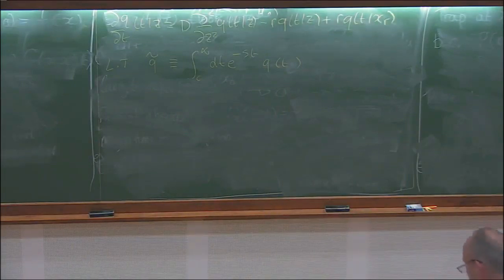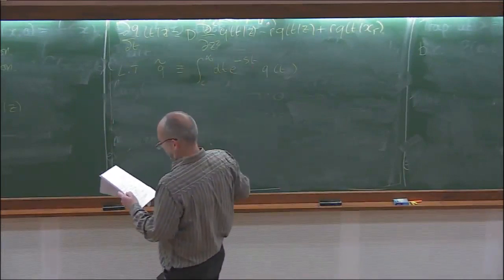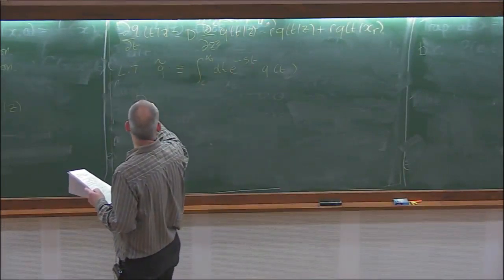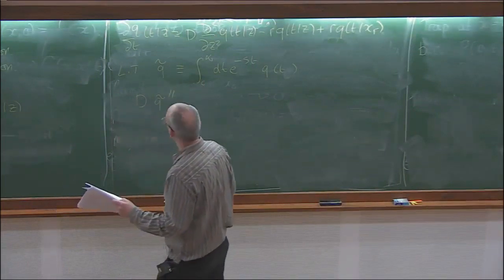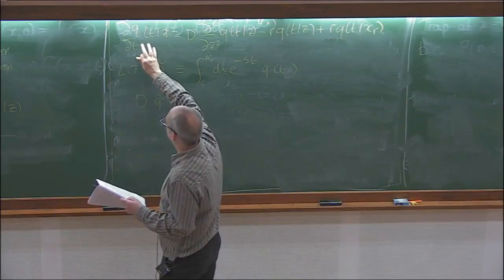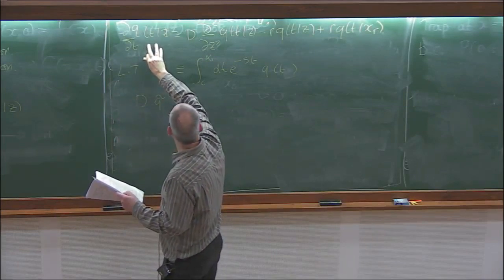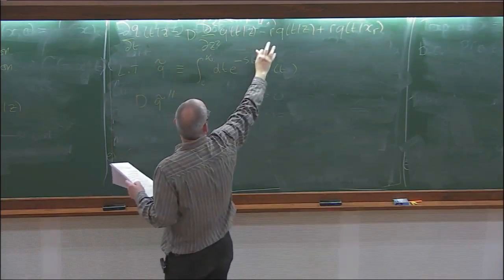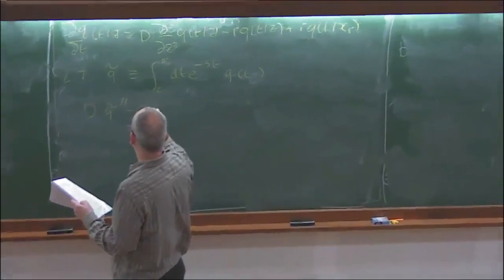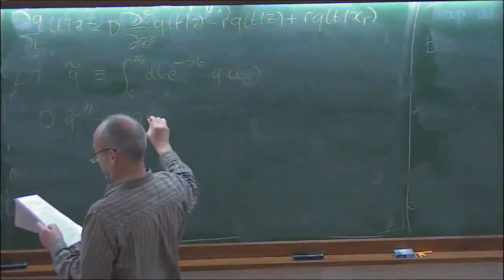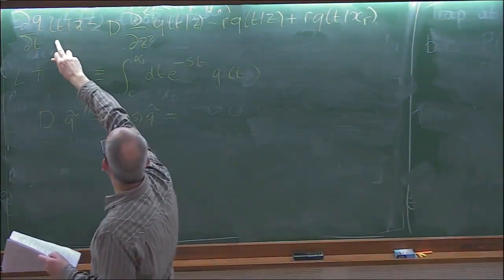If we do that, we end up with D Q tilde double dash, where the dash now is the derivative with respect to z. And again, when we do this, we generate an s Q tilde term. So we end up with minus (r plus s) Q tilde. And then, from here, remember, we get a 1, or a minus 1.